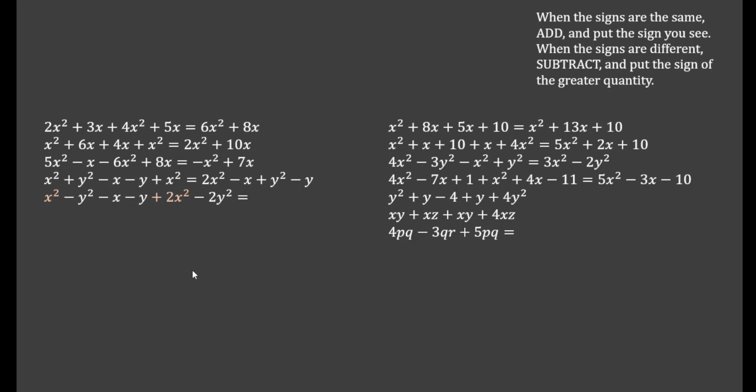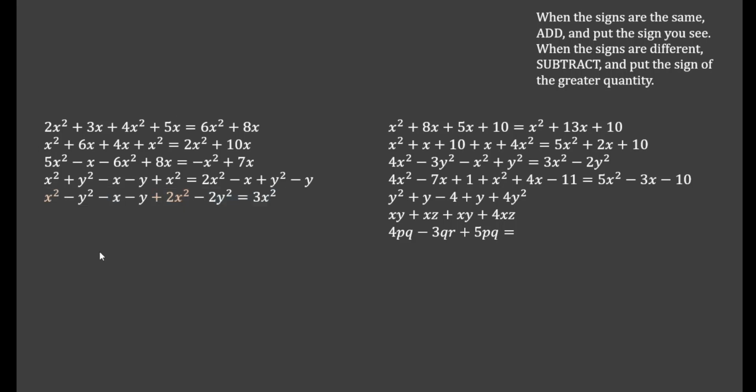What are we getting with the x squared terms? Focus on the ones I've highlighted: x squared plus 2x squared. That gives 3x squared. Good.